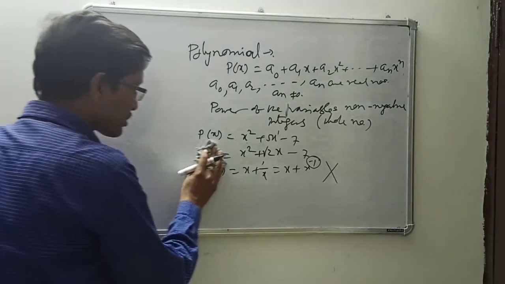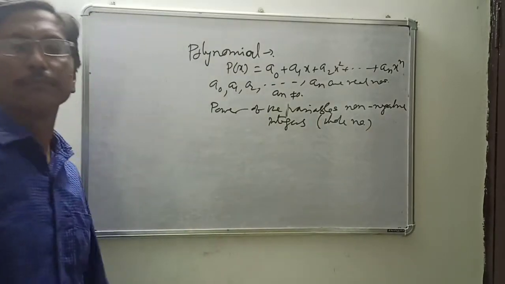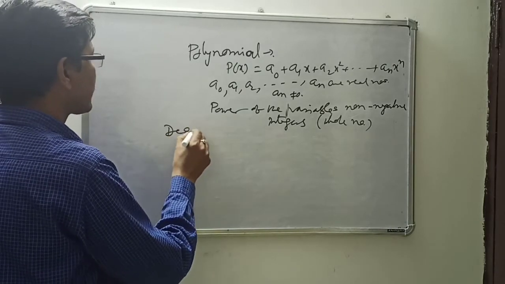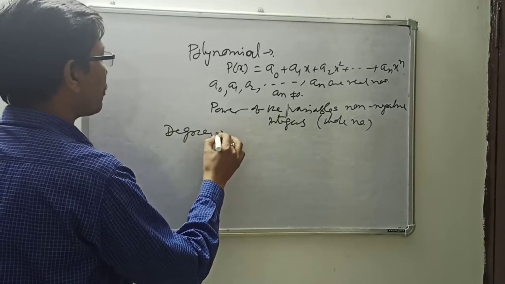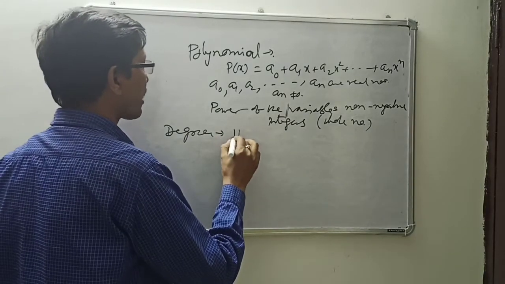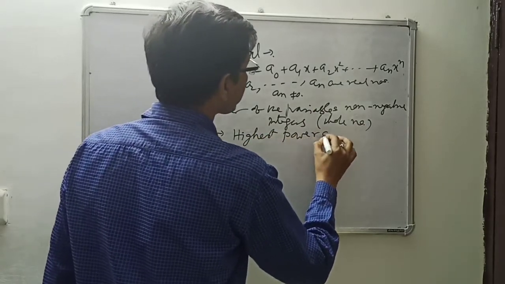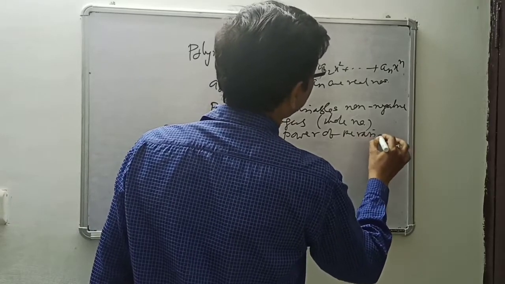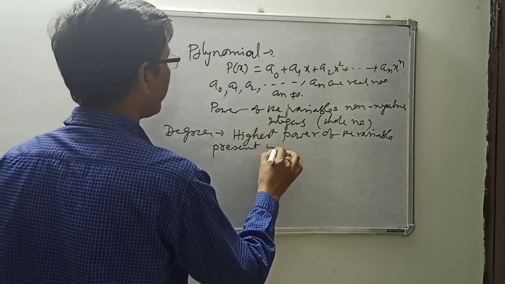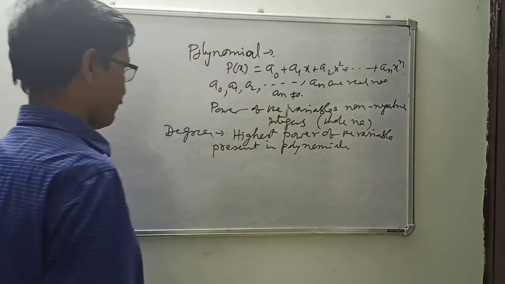Now next, we would like to discuss the degree of a polynomial. If you have a polynomial, what is the meaning of its degree? The highest power of the variable present in the polynomial is called its degree.